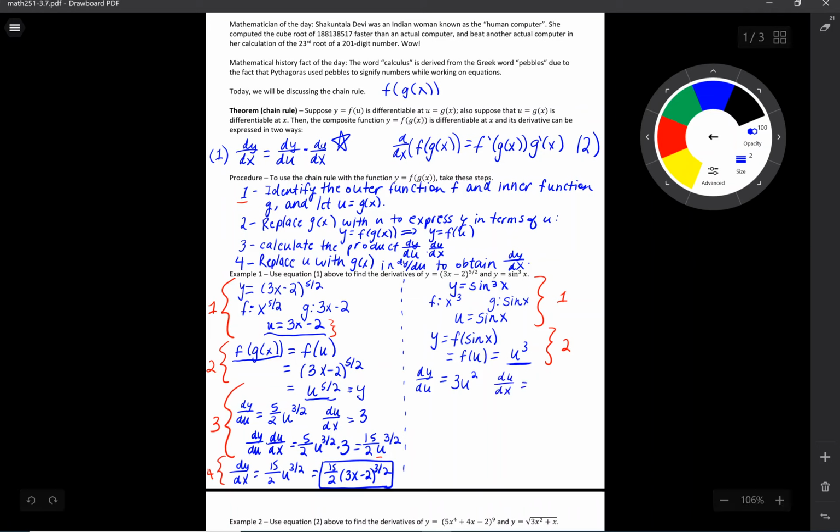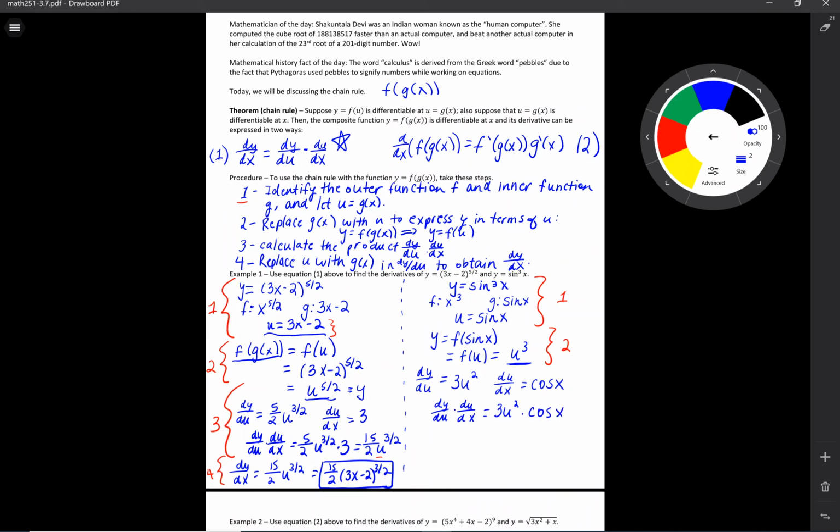That is the derivative of u, which is equal to sine of x, treating x as the variable. So the derivative of sine of x is equal to cosine x. And now I need to figure out the product of dy du times du dx. That is 3u squared times cosine x.